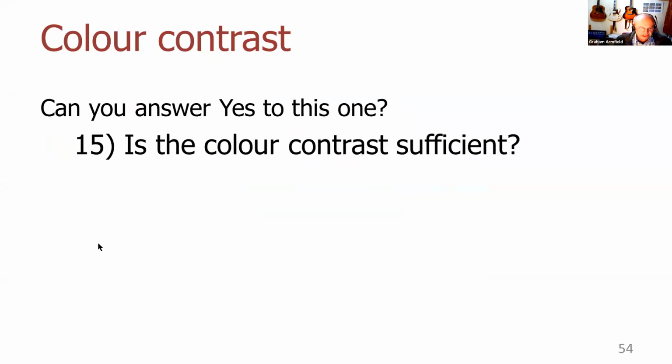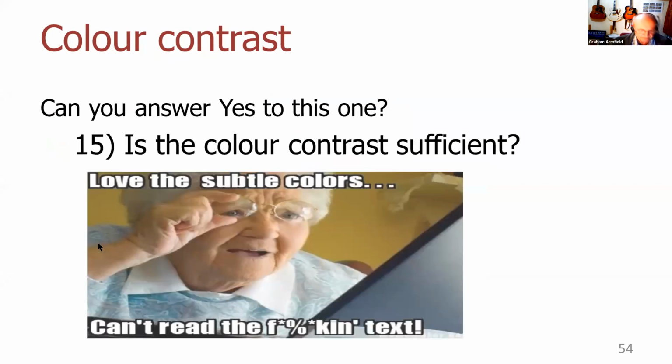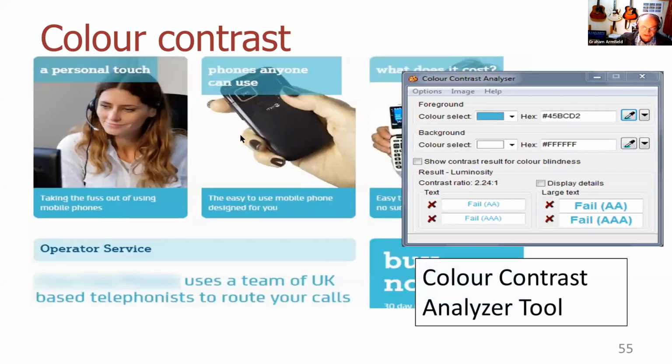The last question, is the color contrast on your pages sufficient? Obviously, you need to answer yes. What we want to avoid is people not being able to read the text because it's a dark grey on a light grey background or something like that. There are rules about what the color contrast needs to be. To test it, you can use this tool, and I'll put the link a bit later on so you can download it.